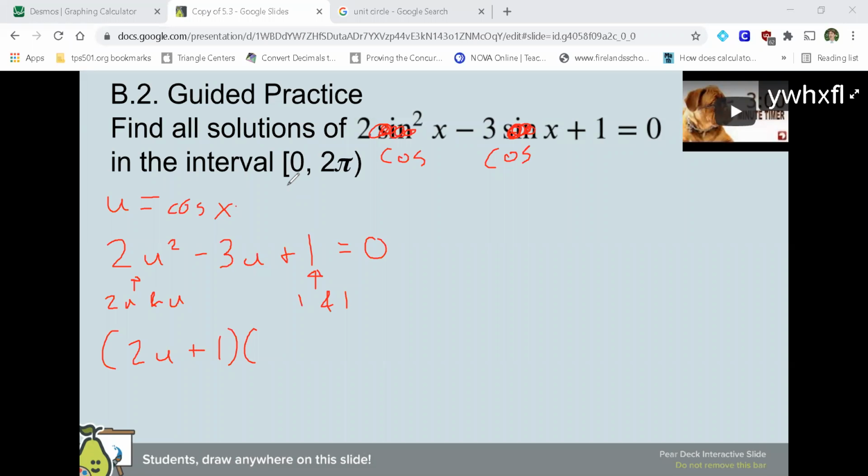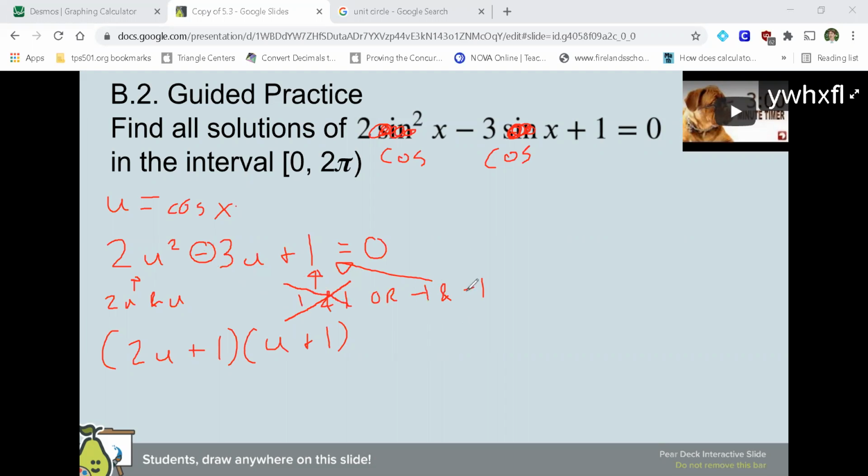So the only possible way this could be factored, or sorry, I'm lying to you, or negative 1 and 1. And the only actual one of those that works will be the negative one. If you try the positive ones, 2u times 1 would be 2u, and then this would be 1u, and if you add those, that would be positive 3u. So again, this won't work.